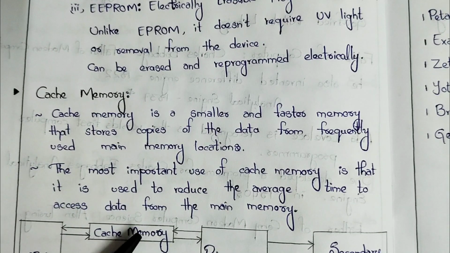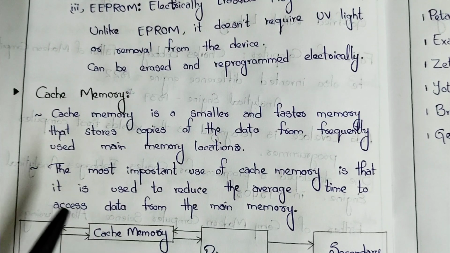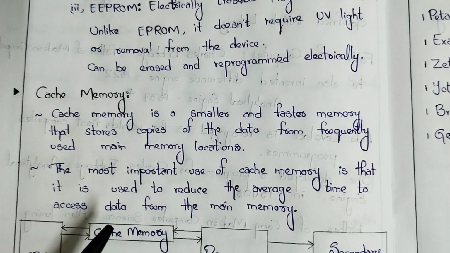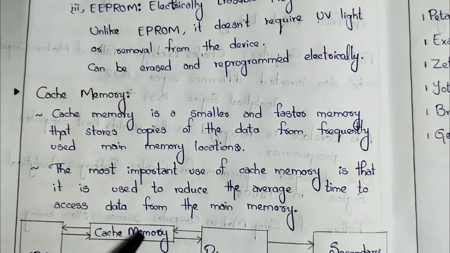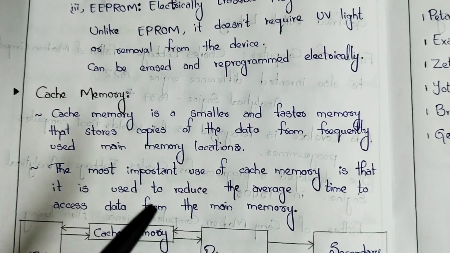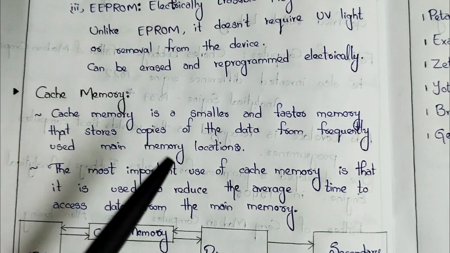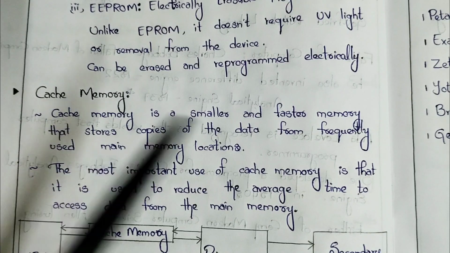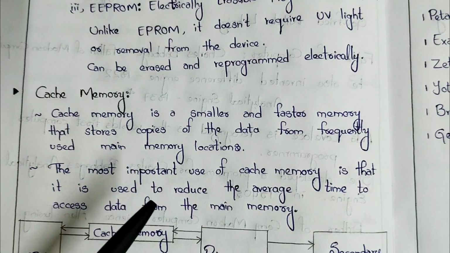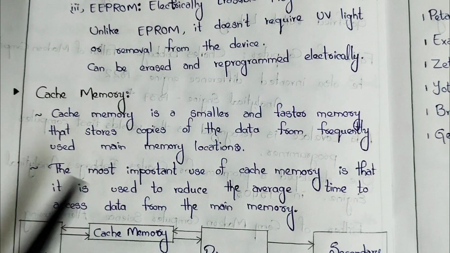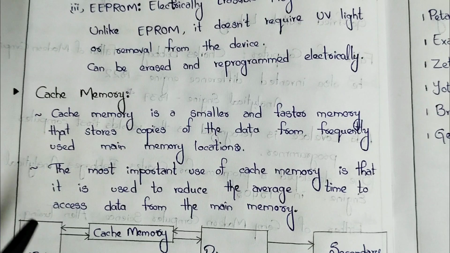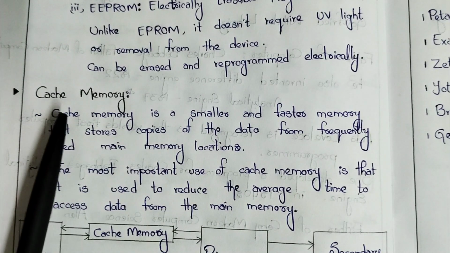So it is not an efficient way to use it. So what a cache will do is that it will store a copy of the data from the frequently used main memory locations. In such a way, we can reduce the average time to access the data from the main memory. That is what I have written.